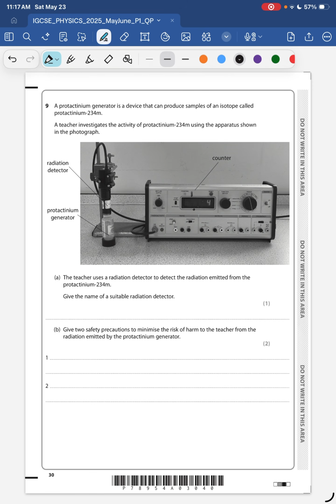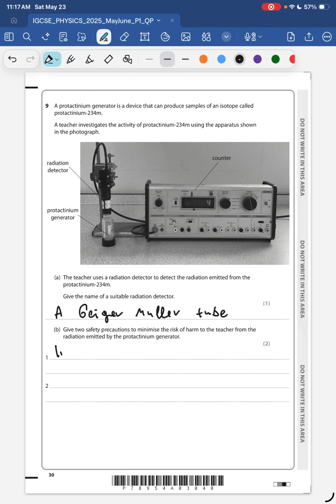Question A, the teacher uses a radiation detector to detect the radiation emitted from the protactinium-234m. Give the name of a suitable radiation detector. That's the very popular Geiger-Müller tube. B, give 2 safety precautions to minimize the risk of harm to the teacher from the radiation emitted by the protactinium generator.